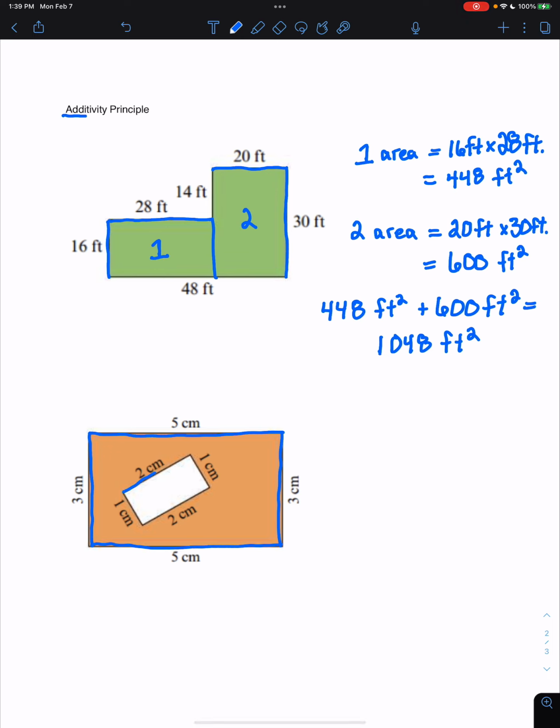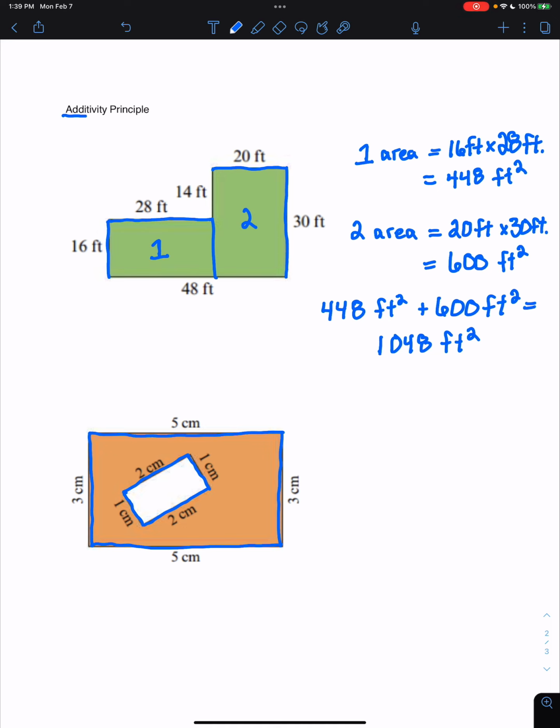So we're going to take the area of this smaller rectangle, and then subtract the 2, because this is like a little hole in the patio or something. Maybe it's a pillar that's in the patio.